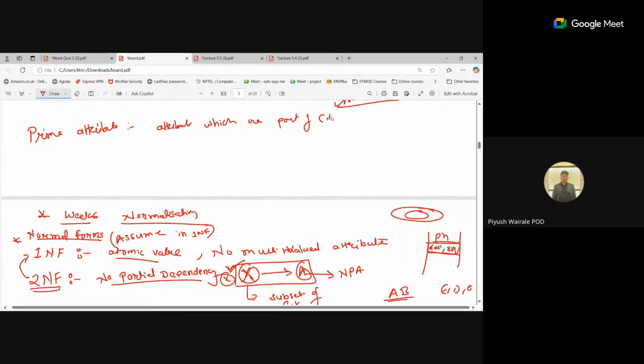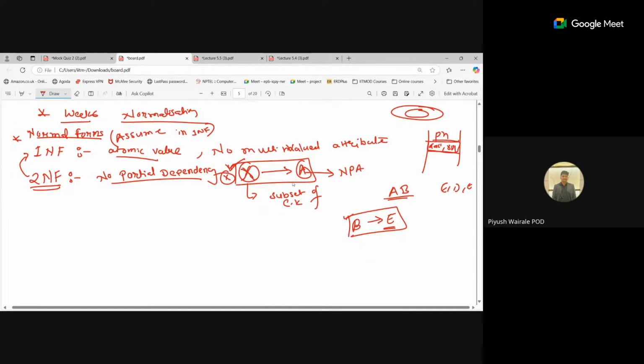So first find out the candidate key. Second, find out the prime and non-prime attributes, and then check for this particular condition. Okay, this is for 2NF, no partial dependency.